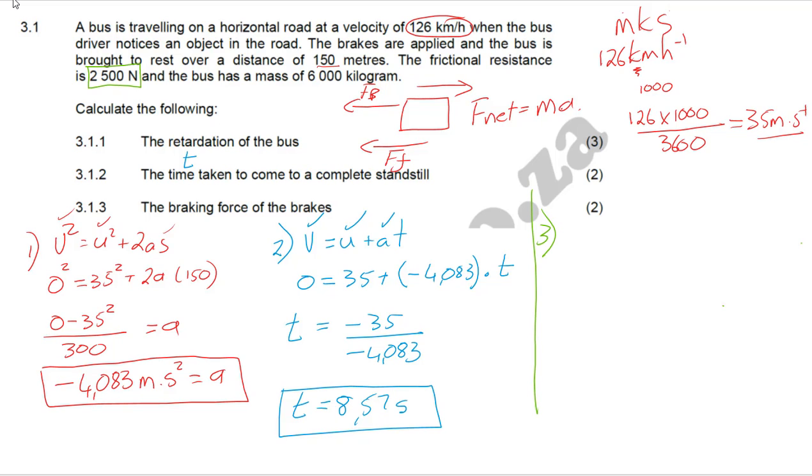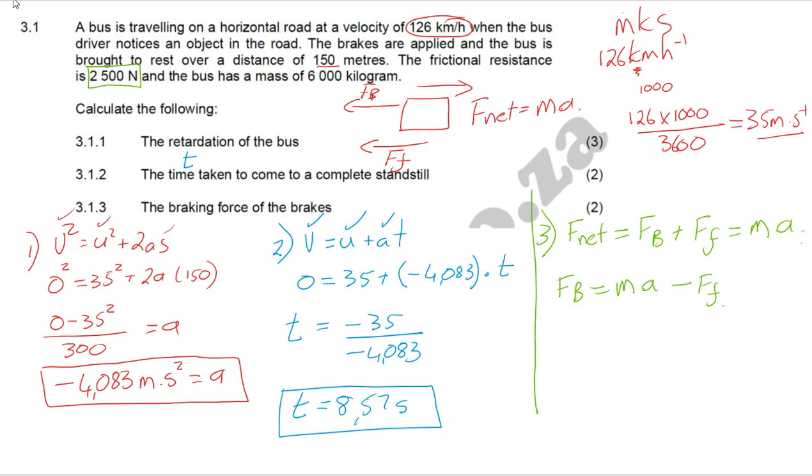What is the net force acting on the bus? The net force acting on the bus is only two forces, and they're both acting to the left. It's the force of the brakes and the frictional force. And that's equal to mass times the acceleration. So force of the brakes is equal to mass of the bus times its acceleration minus the frictional force.